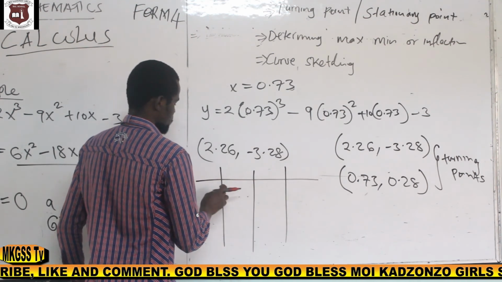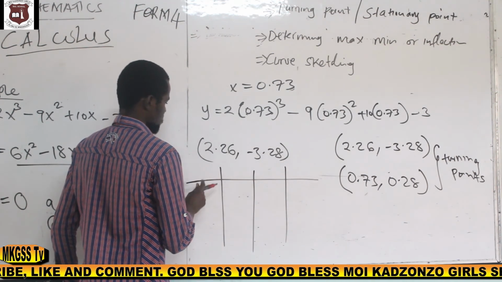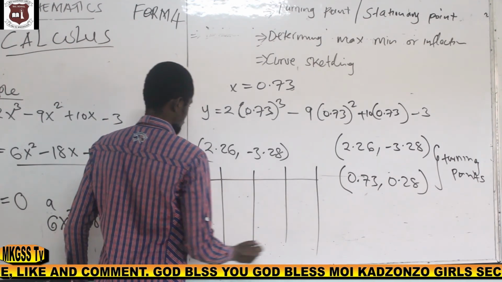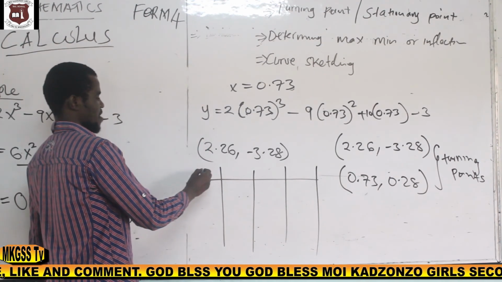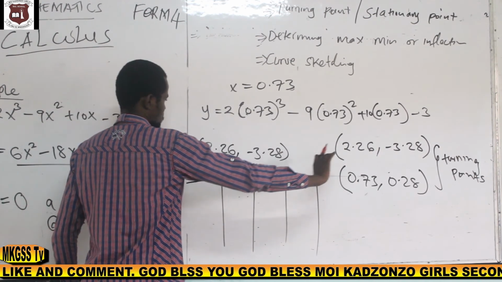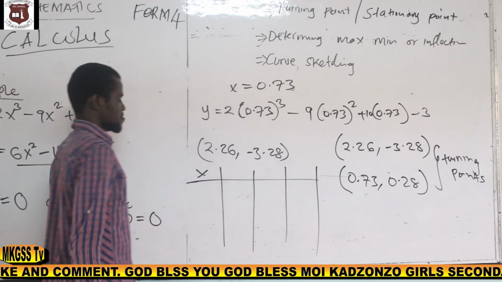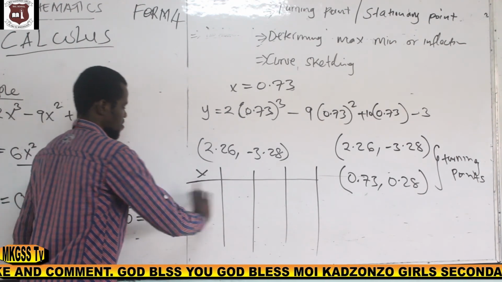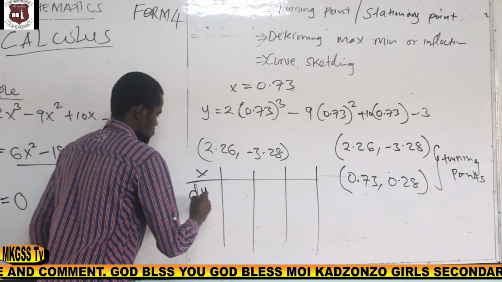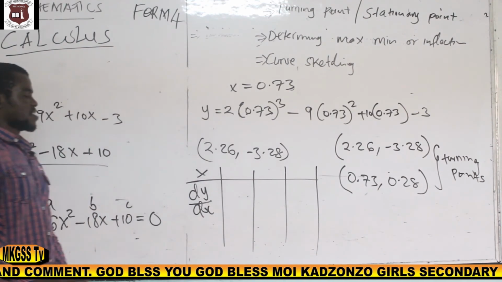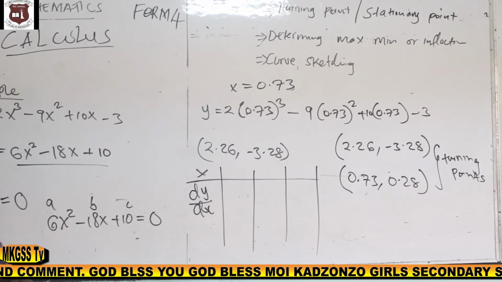We draw a table of 4 columns. The first row will be the values of x. The next row will be change in y over change in x. It means it will be the gradient.